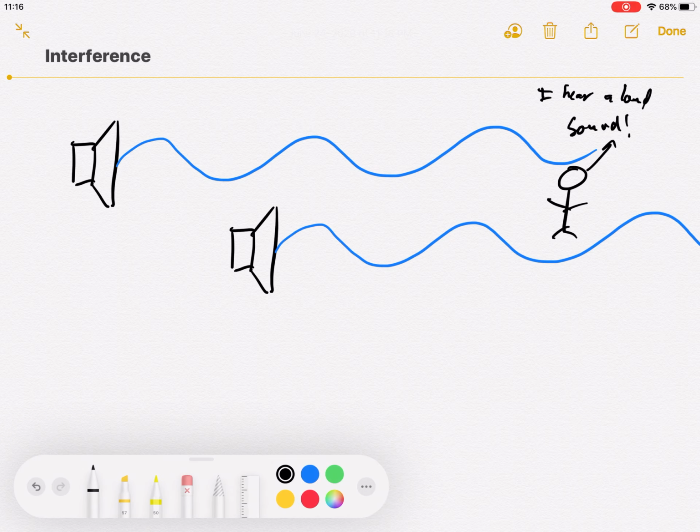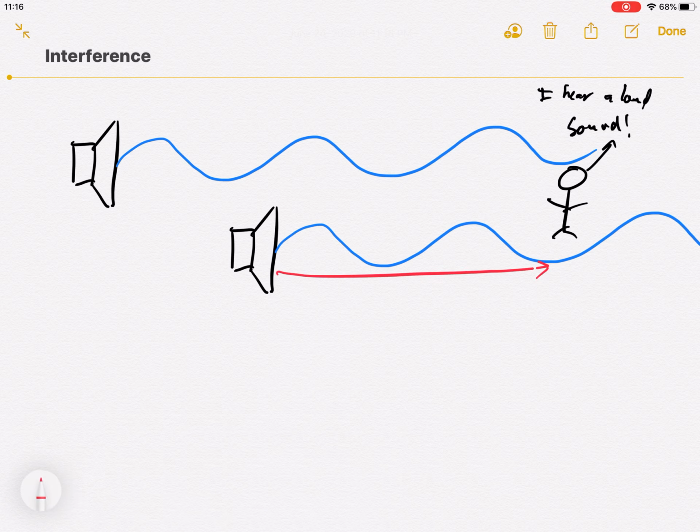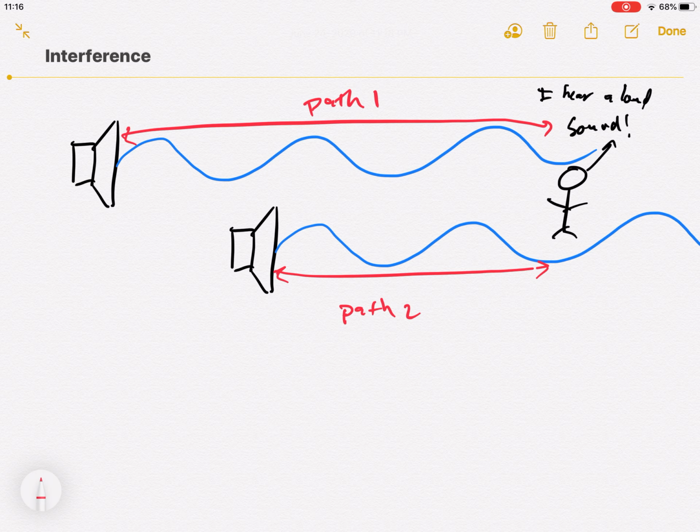So the requirement for that, if we look at path lengths, is this could be path 2, this could be path 1, and the path length difference is in this case path 1 minus path 2.